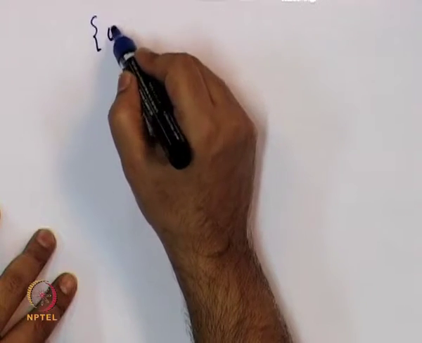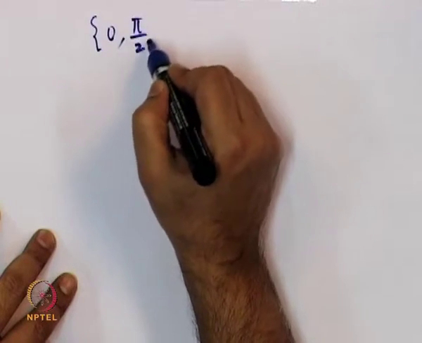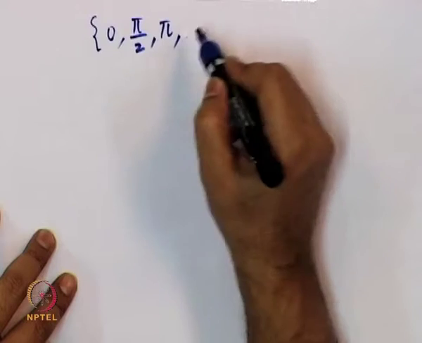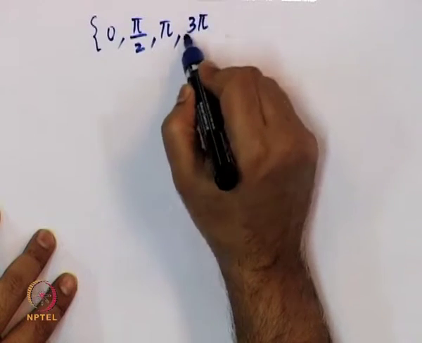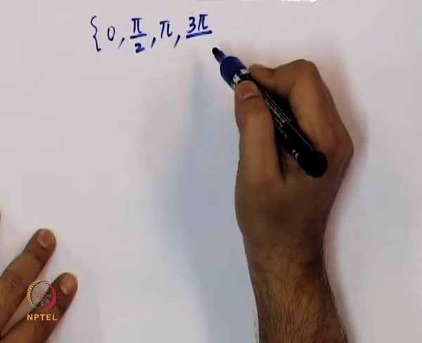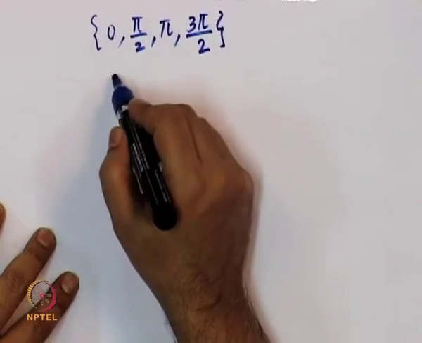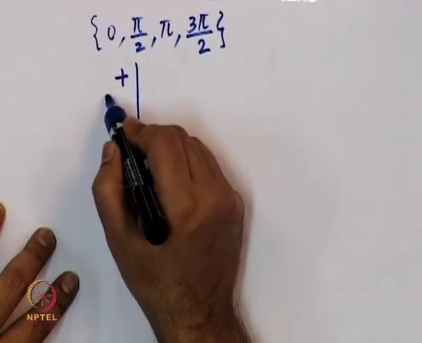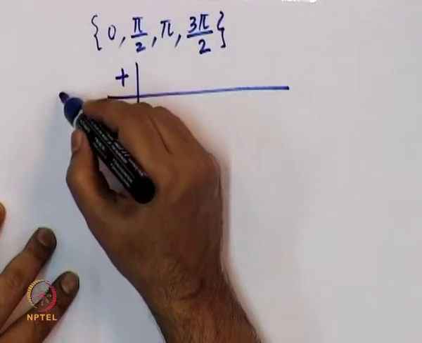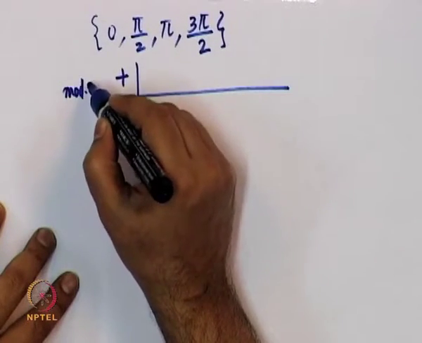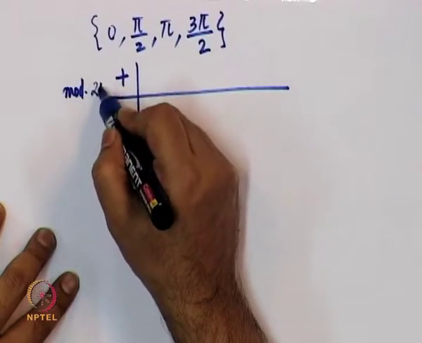So, let us consider another set which consists of 4 elements: 0, pi by 2, pi and 3 pi by 2, right. So, I have addition, but this addition is modulo 2 pi.